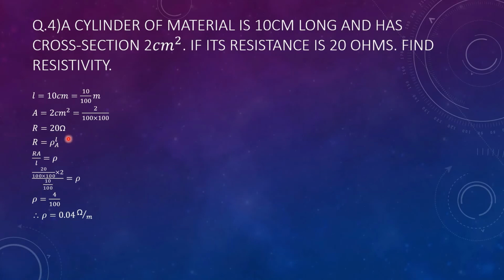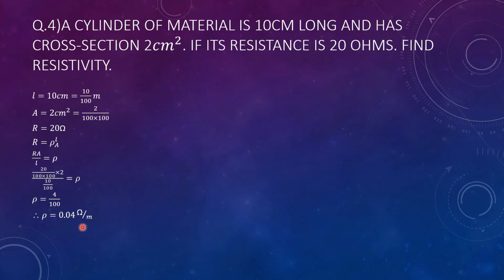R equal to rho L upon A. R into A upon L is value of resistivity. On putting this value, don't get confused. Here it is 20. Actually, it is 2 upon 100 into 100 and here 20. On simplifying, it becomes 4 upon 100, that is 0.04 ohm per meter.